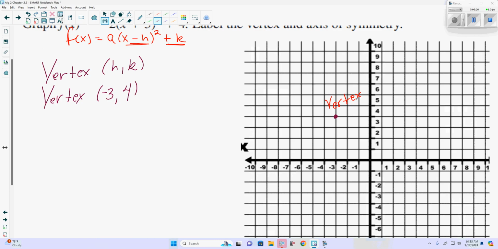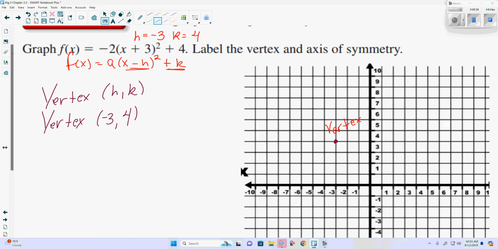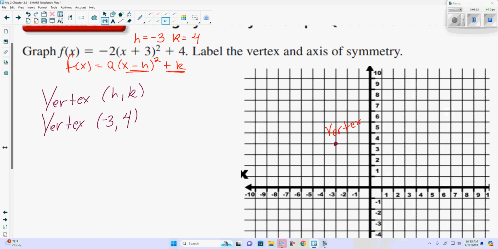And graph. Axis of symmetry. So for this here, again, the formula for axis of symmetry is x equals h. Well, we already know h's value.